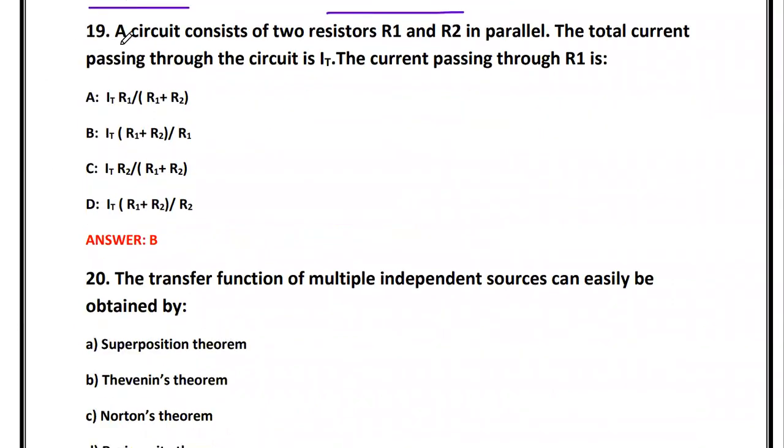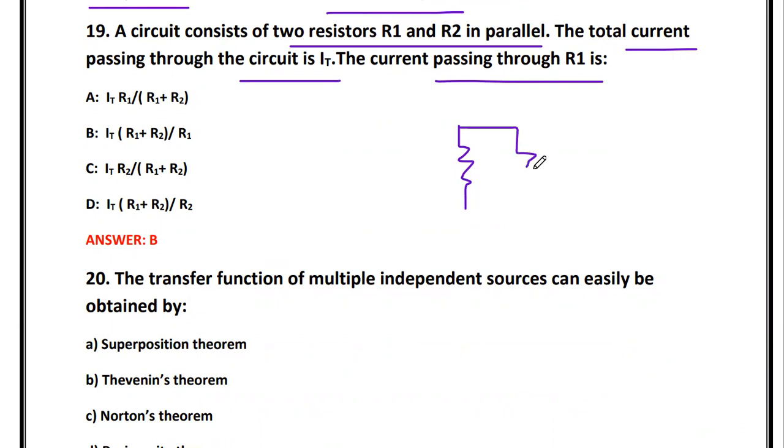Okay. Then the next question: a circuit consisting of two resistors R1 and R2 in parallel. The total current passing through the circuit is IT. What is the current flowing through the R1 resistor? So you see there are two resistors R1 and R2 connected in parallel.